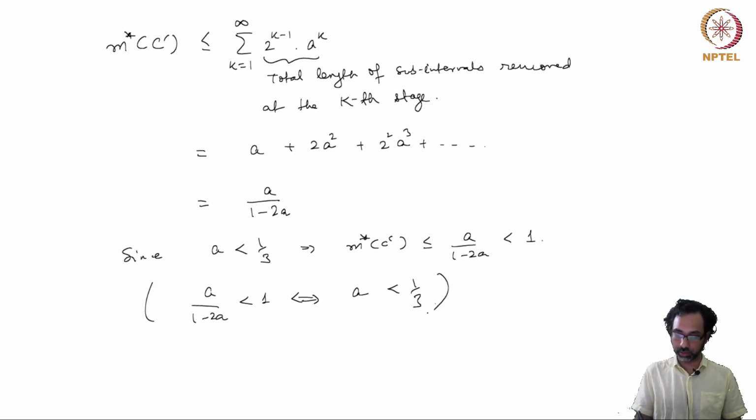So we get m star of C prime is less than or equal to 1. This shows that m star of the modified Cantor set is strictly greater than 0.